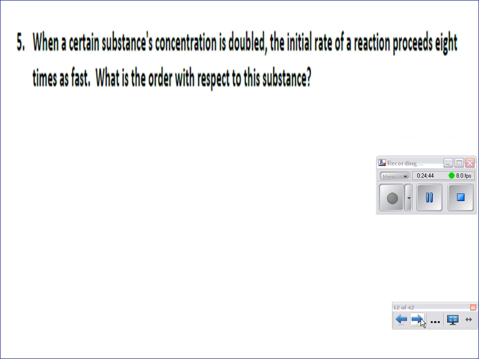When a certain substance's concentration is doubled, the initial rate of a reaction proceeds 8 times as fast. What is the order? Some of you out there just know immediately. But if that scares you, write down a skeleton of a rate law. Rate is equal to K times A to an order. We don't know the order, so look at what it's telling you.